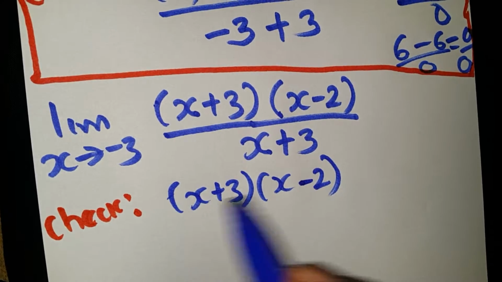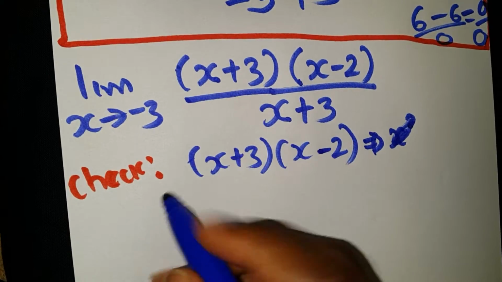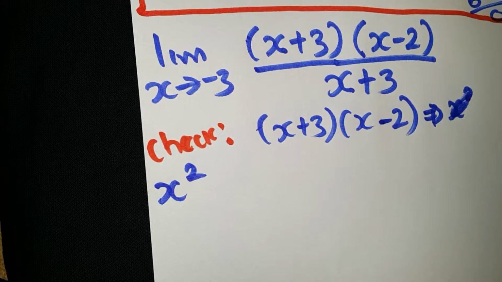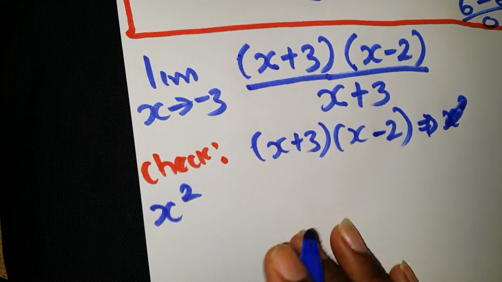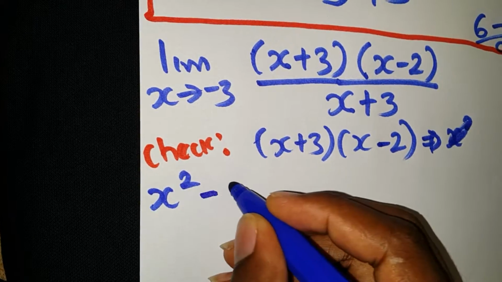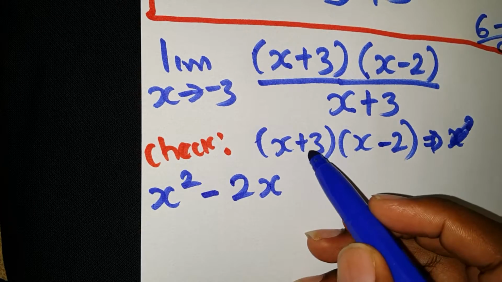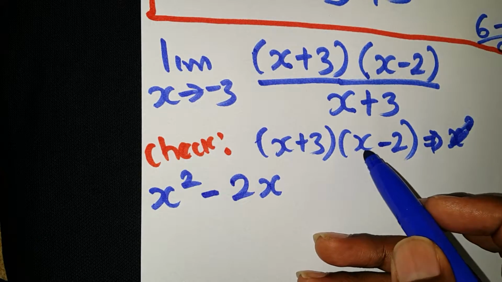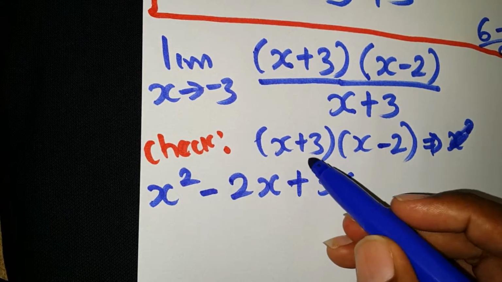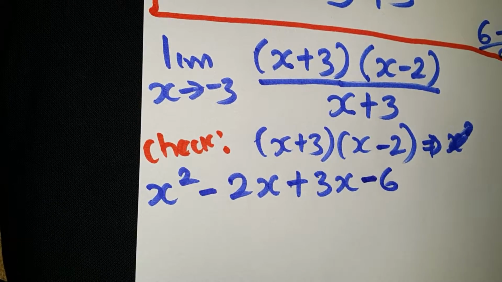Now x multiplied by x is x squared, then x multiplied by -2 is minus 2x, then positive 3 multiplied by x is plus 3x, and positive 3 multiplied by -2 is minus 6.